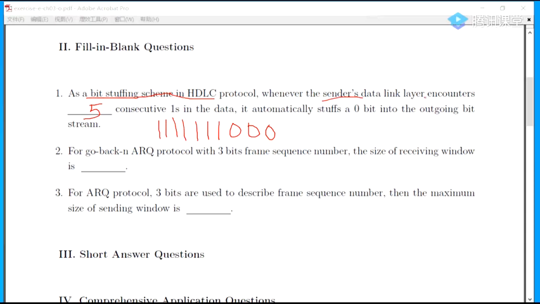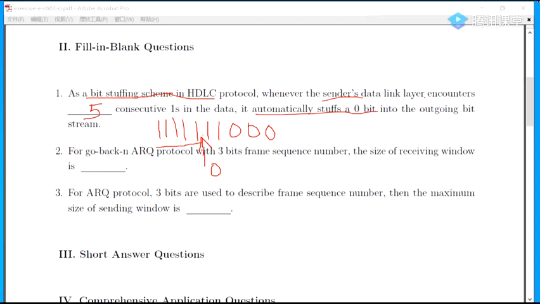It encounters 5 consecutive ones here, then it automatically stuffs a 0 bit, inserting a 0 bit into the outgoing bit stream. That is bit stuffing, after 5 consecutive ones. Okay.